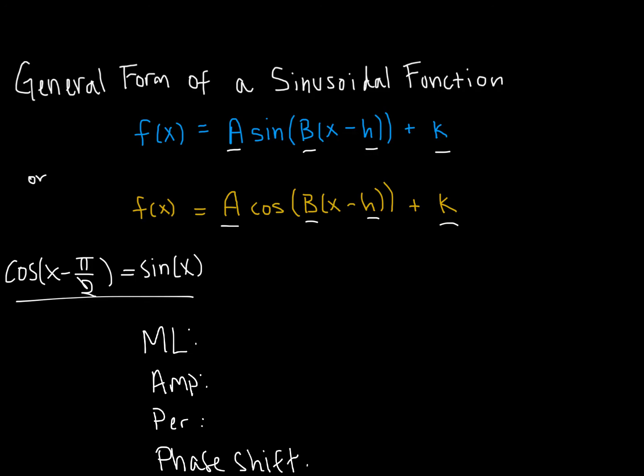So your homework, your problem for tonight, is to look at these and think about what changing the A value will do to my midline, amplitude, period, or phase shift, if anything. Okay, so for each of these, go through and think about what they are going to affect for our sinusoidal function. And tomorrow we'll do a little bit of experimenting to see what, in fact, they change.